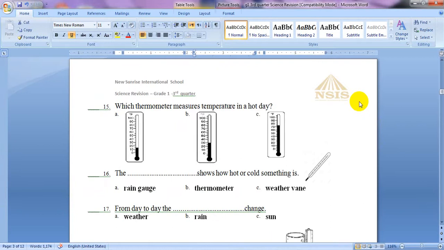It has a liquid inside it, and when it is hot, this liquid will rise up, and when it is cold, the liquid will get down. So which picture here shows a hot day? The first one, the second, or the third? Yeah, it is letter C, the third one, which has the liquid which is up.